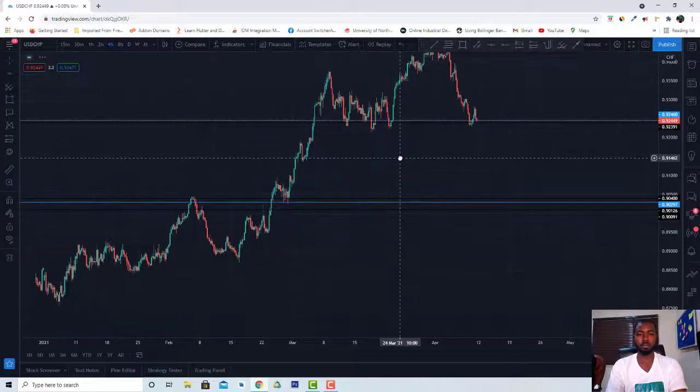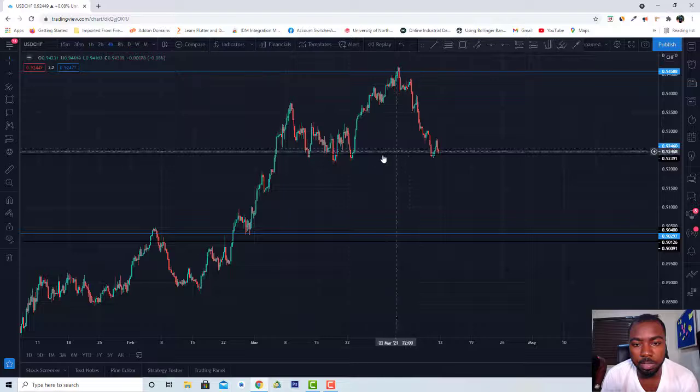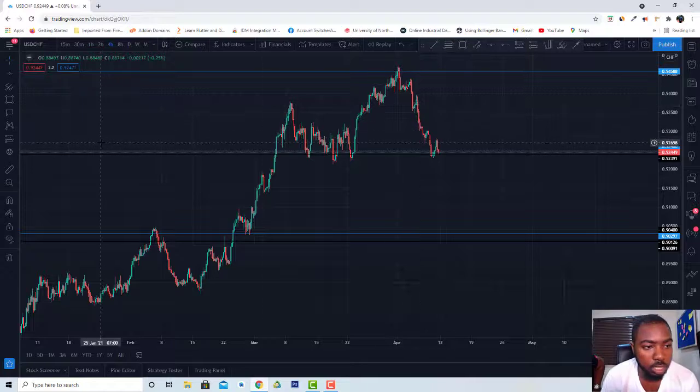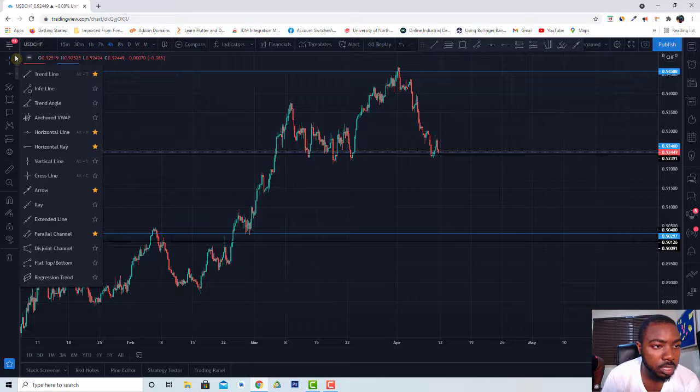So for what we are going to be expecting this week, this is a very important point of structure. The market is going to continue upward. Let me show you guys what I'm talking about.